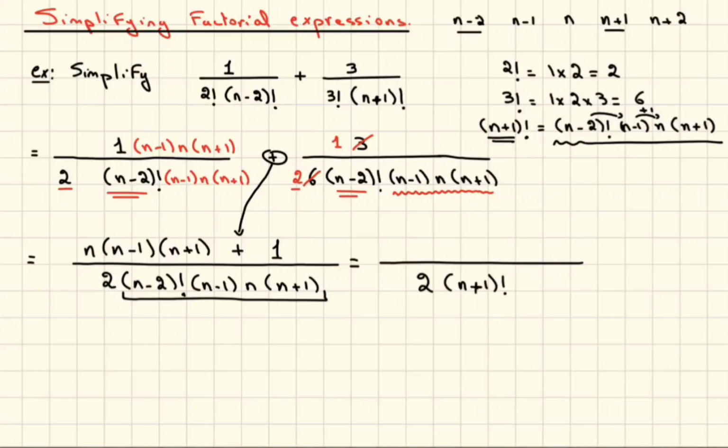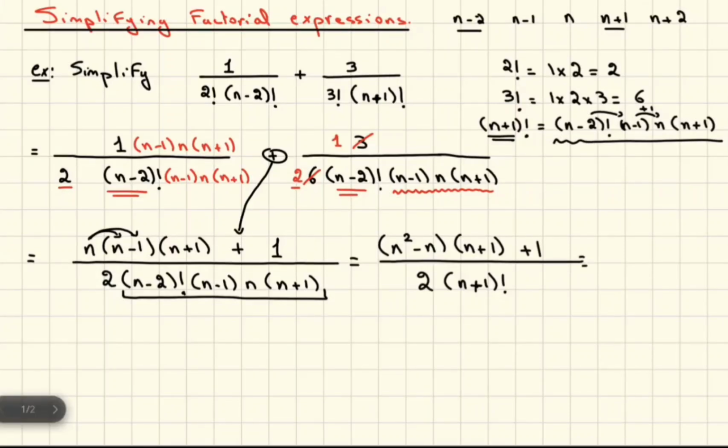Now, going to the numerator, I can distribute n to n minus 1. We get n squared minus n, multiplied by n plus 1, plus 1. For sure we can simplify more, and I will write n squared multiplied by n, which is n cubed. n squared multiplied by the 1 will be plus n squared. Then we distribute the negative n to the other one, so minus n multiplied by n, which is minus n squared.